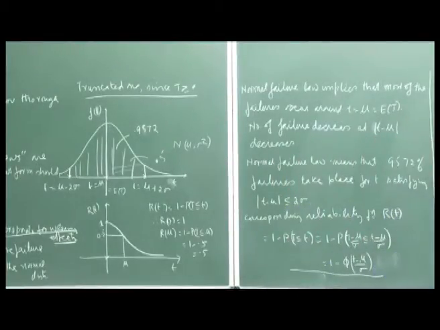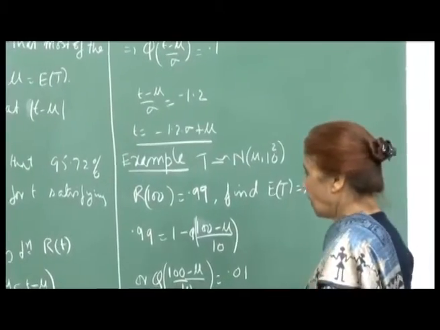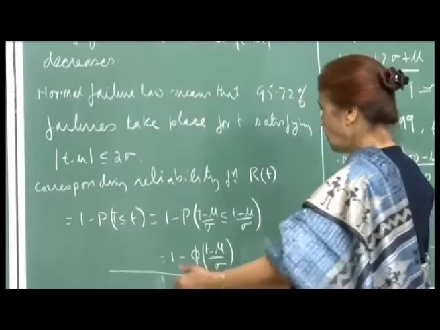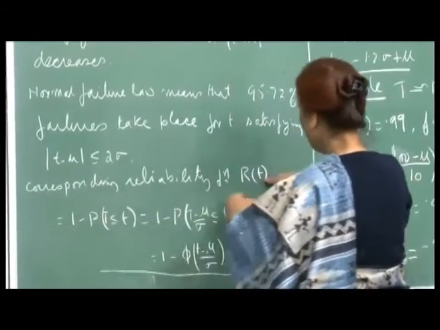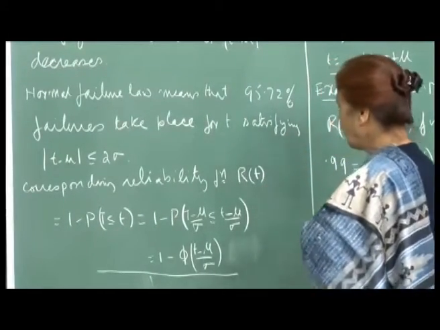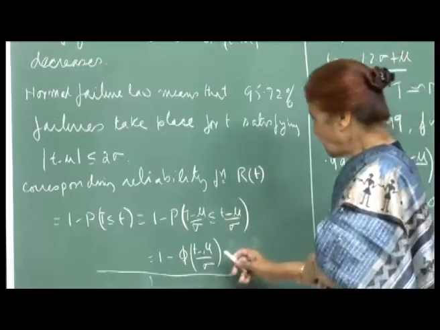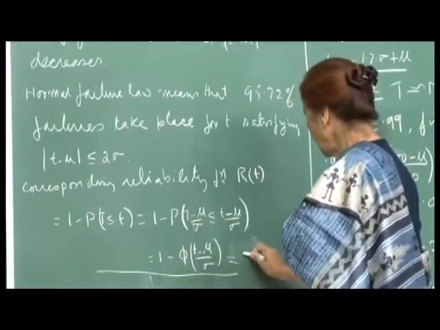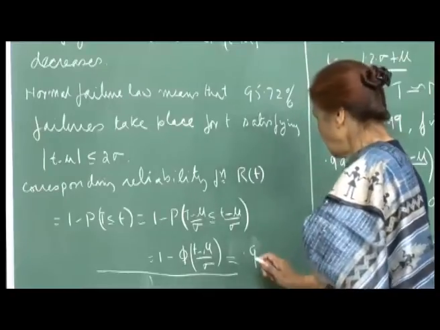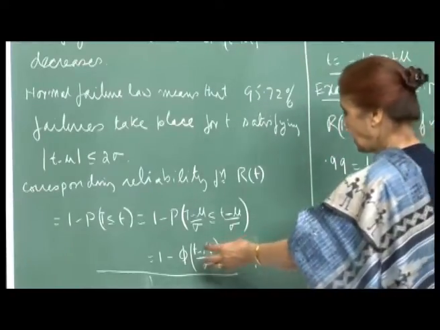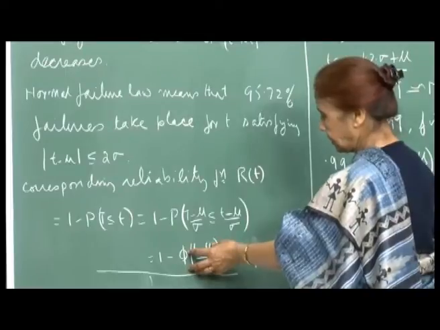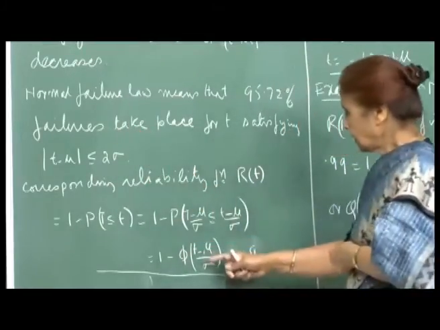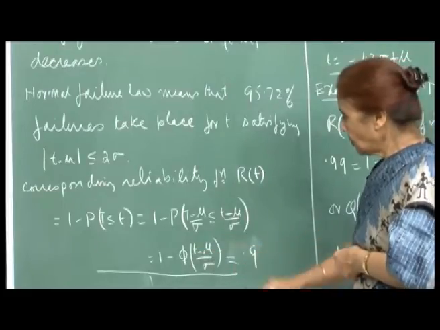Okay. Now, what you can say from here is, this is your reliability function. If you want a high value for the reliability function, then obviously you want this whole thing to be high. So, suppose this is equal to 0.9, then this implies that phi must be small, and for this to be small, you can tell by the graph that t must be away from mu.